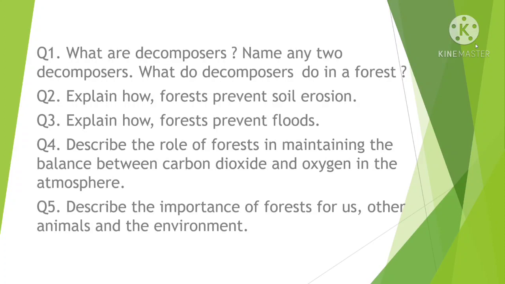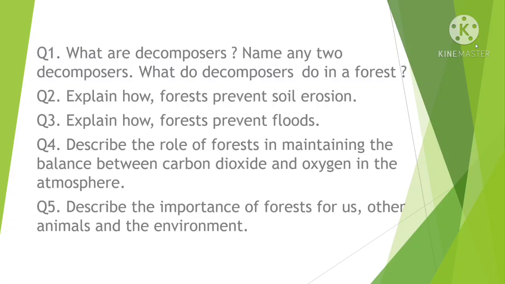That carbon dioxide goes into the atmosphere, and the fuels that we burn at our homes, in the vehicles and the industry also release carbon dioxide in the atmosphere. Now the green plants and the trees absorb carbon dioxide from the atmosphere when they prepare their food by the process of photosynthesis. So in this way, the plants reduce the amount of carbon dioxide in the atmosphere.